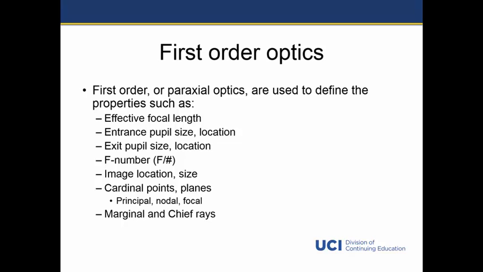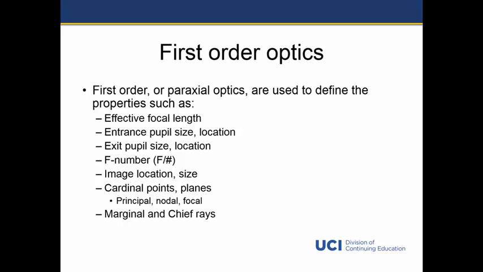So in the future, if you see this, that's simply meaning F number, but also image location, image size, also a lot of special locations in the optical system that we refer to as cardinal points or planes. These are the principal points, principal planes, nodal points, nodal planes, and focal points, focal planes.